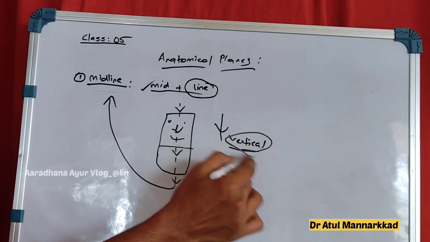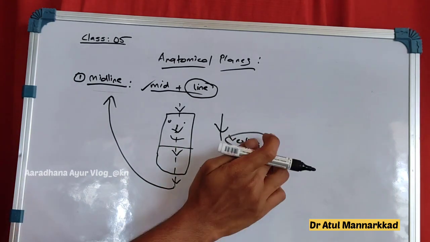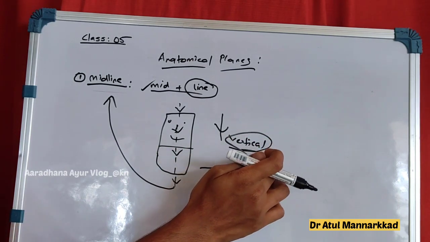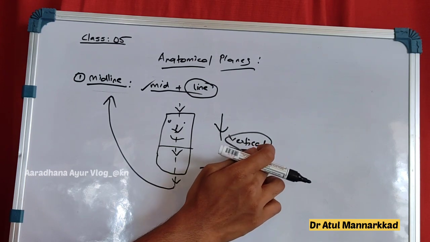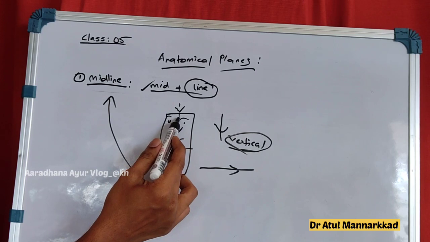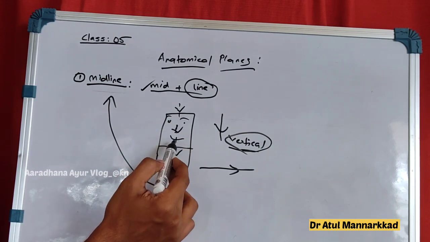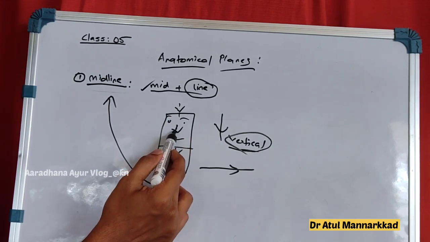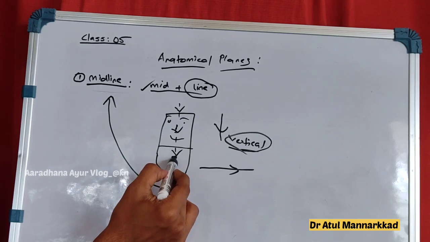It is a vertical imaginary line passing between the two eyebrows, the tip of the nose, and the umbilical region. This is the umbilicus.